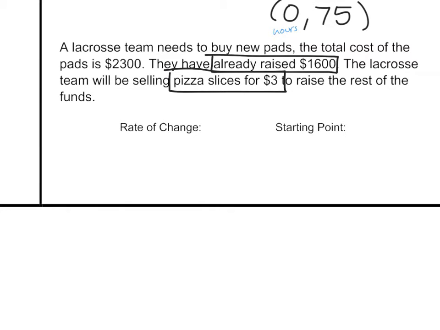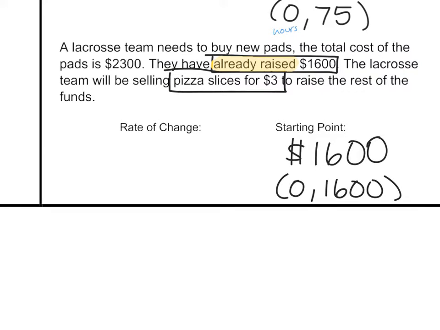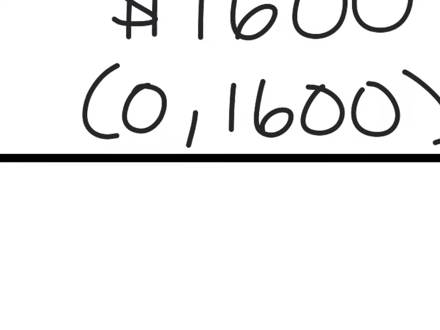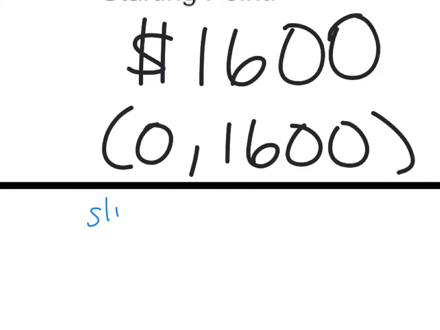If I look at the key words here, this one says already raised, which means that they have started with $1,600. So my starting point is $1,600. Remember, we can write that as a point. So if we were to graph this, it would be the point 0, 1,600, because it's at 0 slices of pizza.